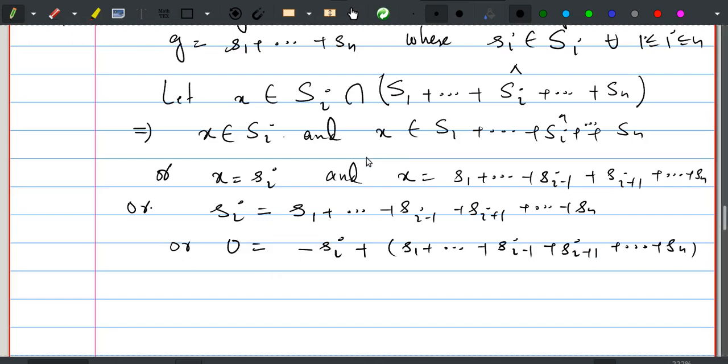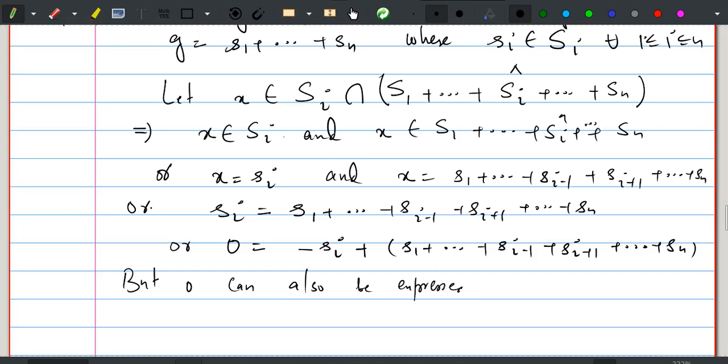Now 0 can be expressed like this, but 0 can also be expressed as 0 is equal to 0 plus 0 plus so on plus 0.